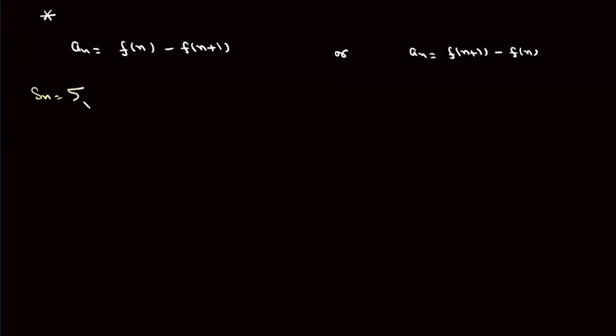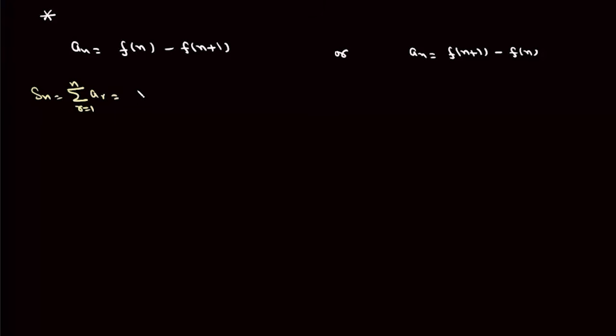Now we can also use a shortcut for telescopic summations. Your an could be either fn minus fn plus 1, or it could be an equals fn plus 1 minus fn. If we look at the first case, Sn will be the summation of ar, where r varies from 1 to n.